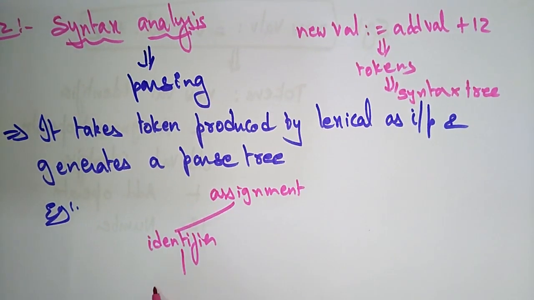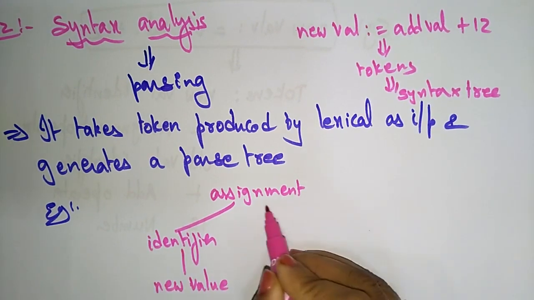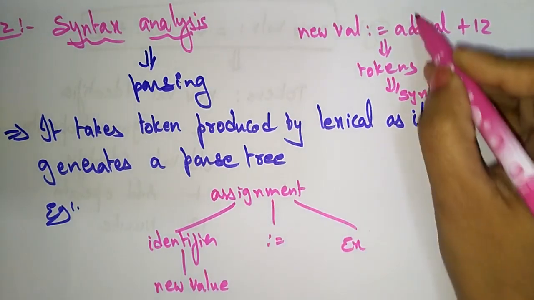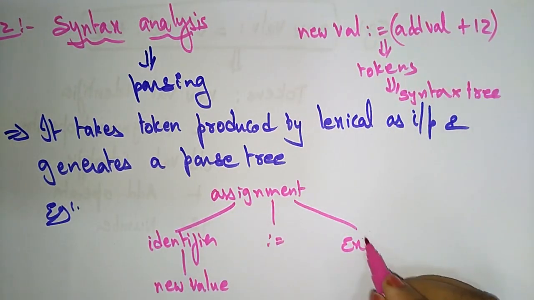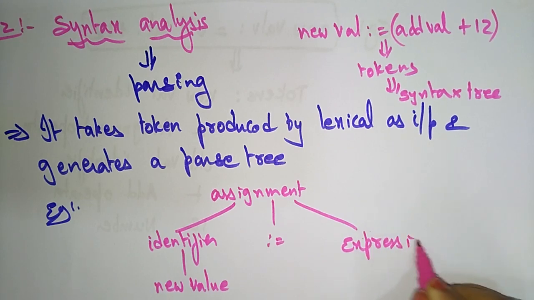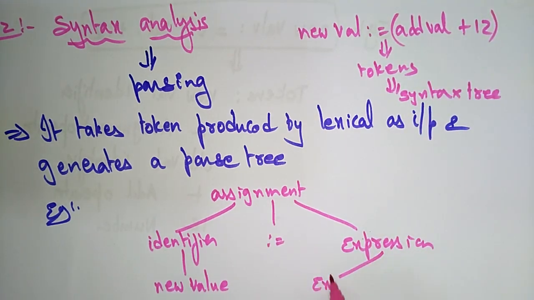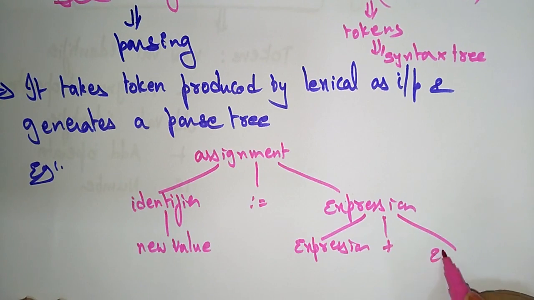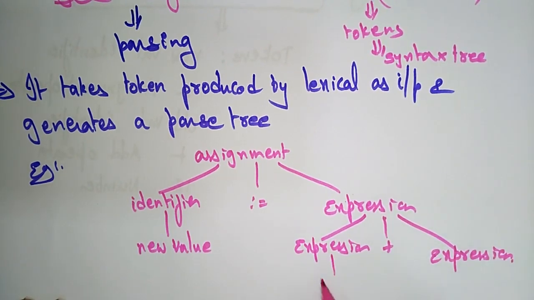Assignment, identifier, so the new value, expression. So this is completely one expression. Again this expression is divided into expression plus expression. This is identifier.